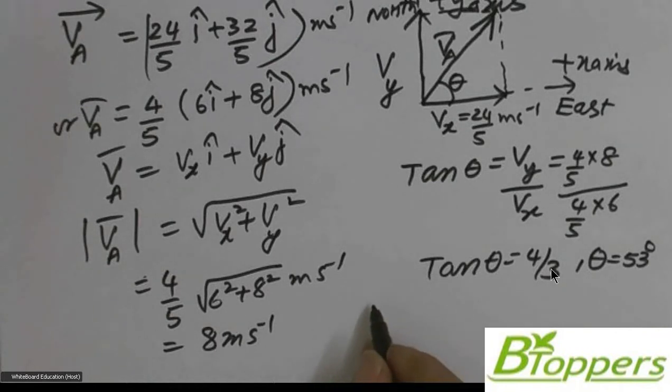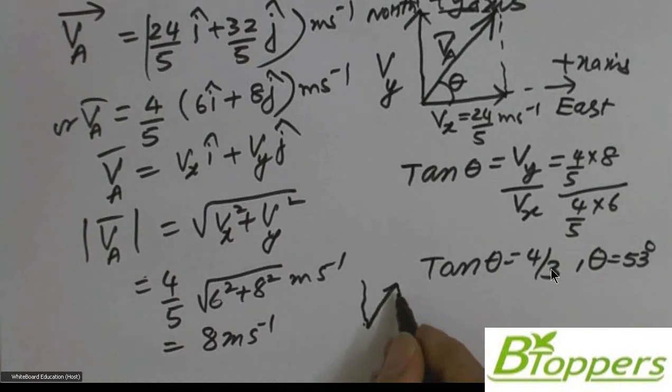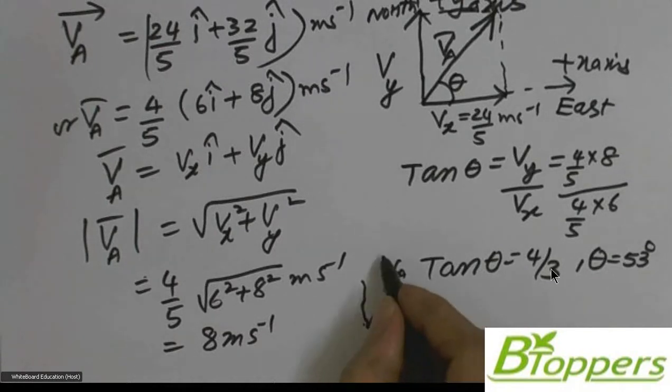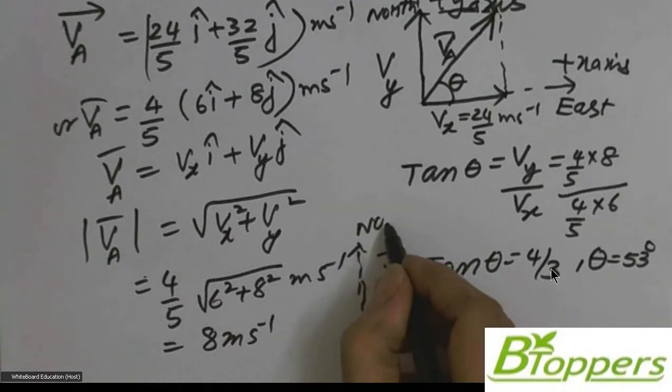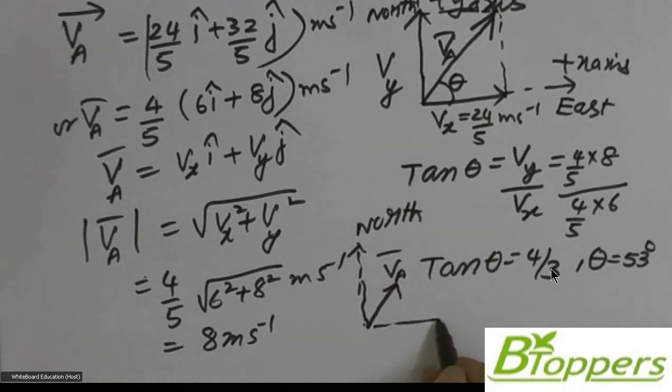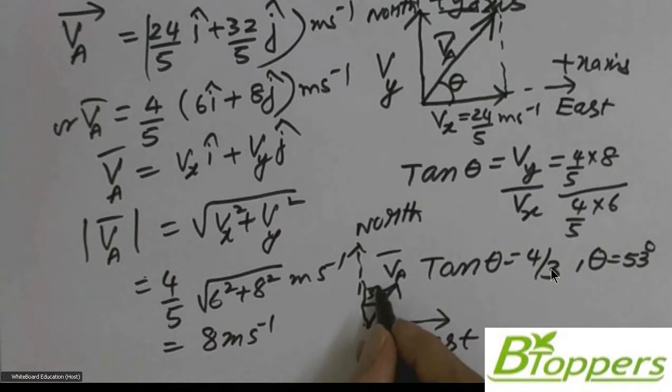So what angle does it make with the north direction? Usually we try to mention the smaller angle. So 90 minus theta. That is 90 minus 53 degrees will be 37 degrees. So 37 degrees with north and 53 degrees with east.